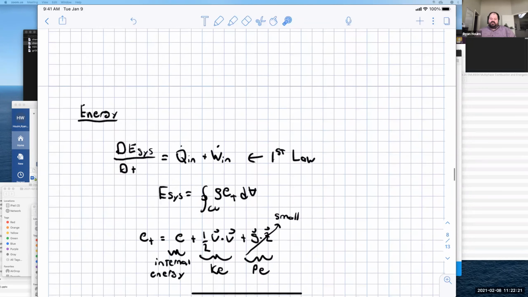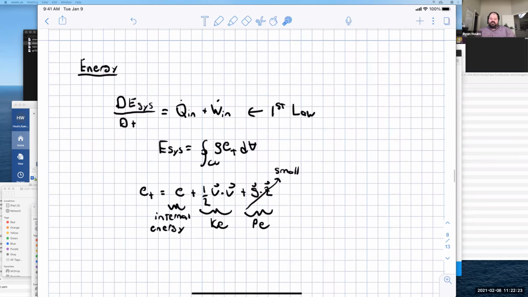Okay, and energy. You probably went over this derivation several times, and for a reacting flow it is no different, surprisingly enough. The time rate of change of energy in the system is equal to the net heat in plus the net work in. I like defining all my energies to go into the control volume, instead of having the heat going in and the work going out, which is traditionally done in engineering thermodynamics.